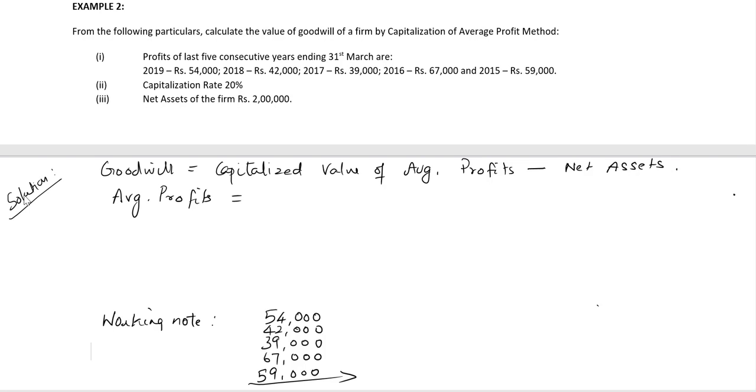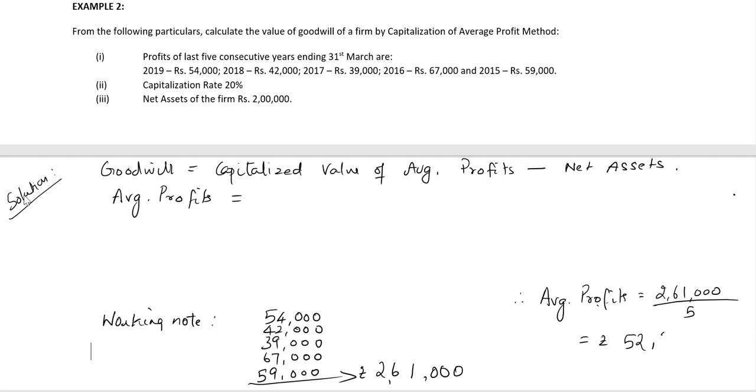So the total is rupees 2,61,000, and therefore the average profits is equal to 2,61,000 rupees divided by 5, which is equal to 52,200 rupees.